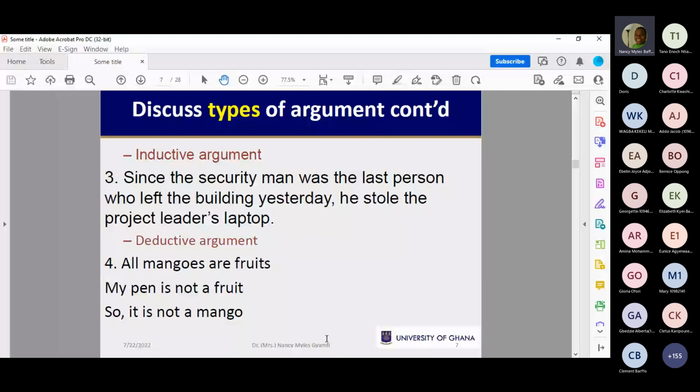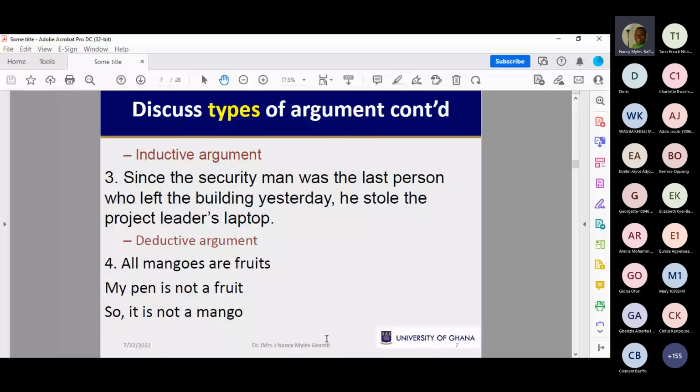The pen is not even inside the big rectangle. Can it be in the fruit basket now? No. Because all the mangoes are inside a bigger set called what? Fruit. I'm trying to show you the logic of it so you can do your deductions by yourself.